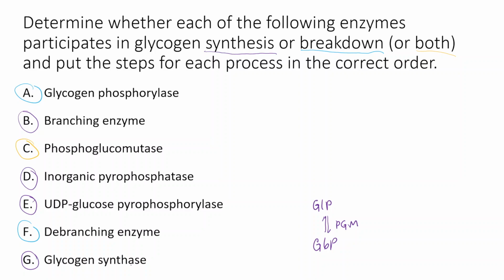So what happens from there with glucose 1-phosphate? What enzyme are we using and what's happening? Yeah, so we make UDP glucose, which you can also call UDPG.